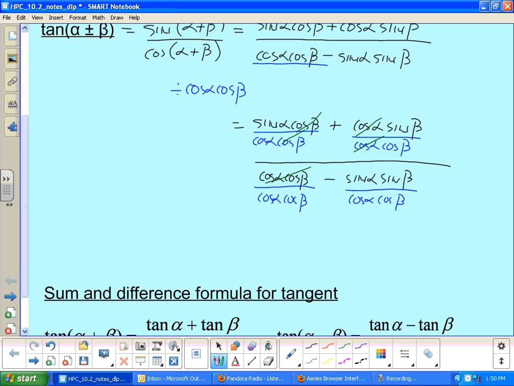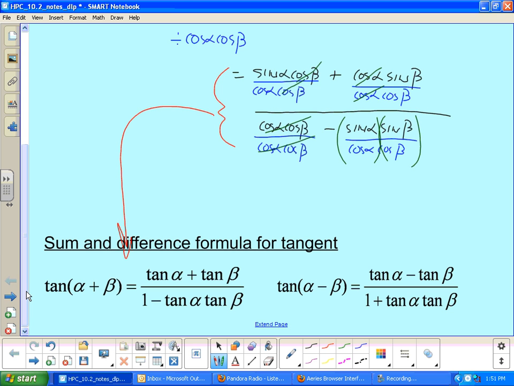And then these two are the same, they become just 1. And then over there, you've got 2 tangents. One of them's an alpha tangent, one of them's a beta tangent. So all of this simplifies to what we have down here.